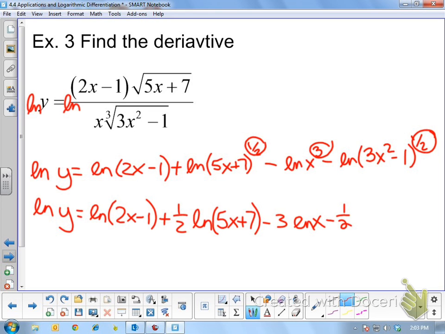We really could have done that within the same step, but I just didn't want to do too many of these properties at once since we're still refreshing on them.